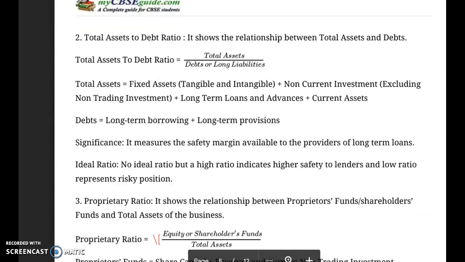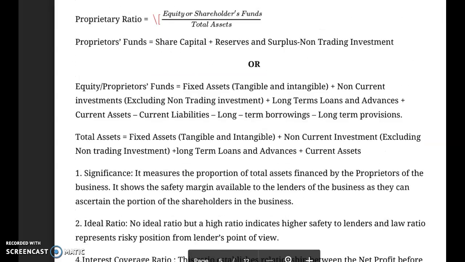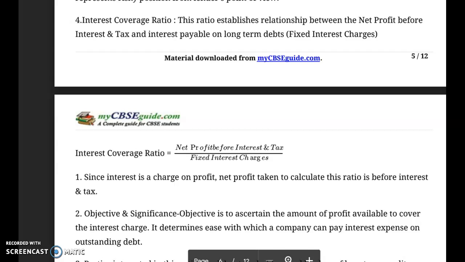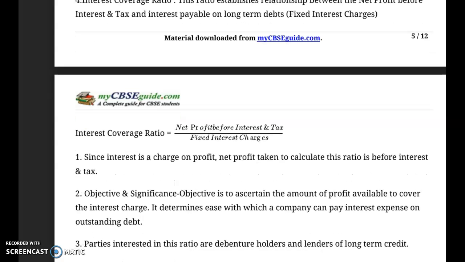So what is the formula to calculate this ratio? That is also very simple. That is net profit before interest and tax divided by fixed interest charges. Here understand, the formula is net profit before interest and taxes. Interest here means interest on the long-term liabilities, and tax here means income tax.